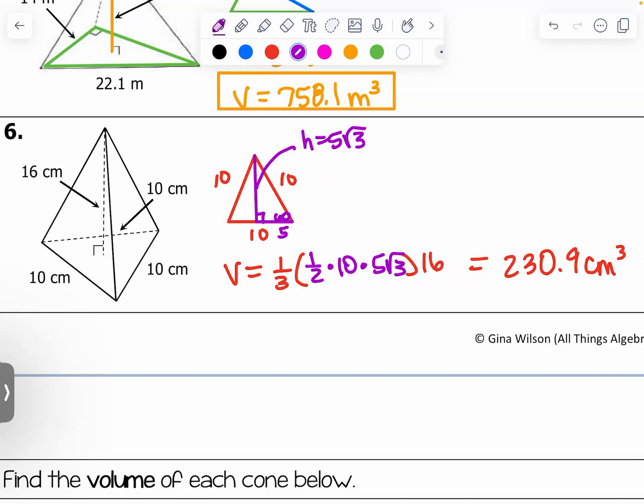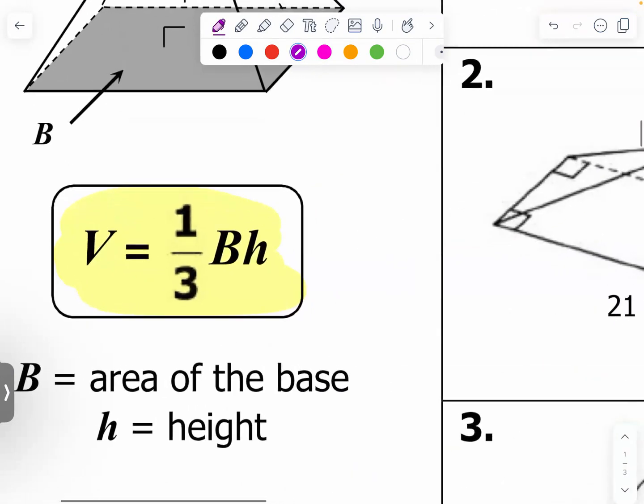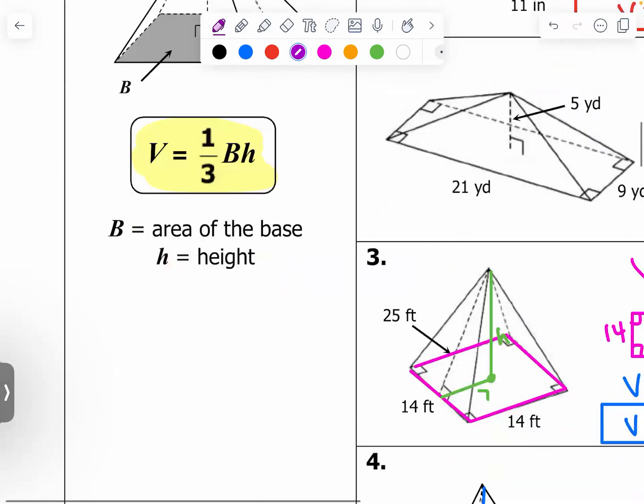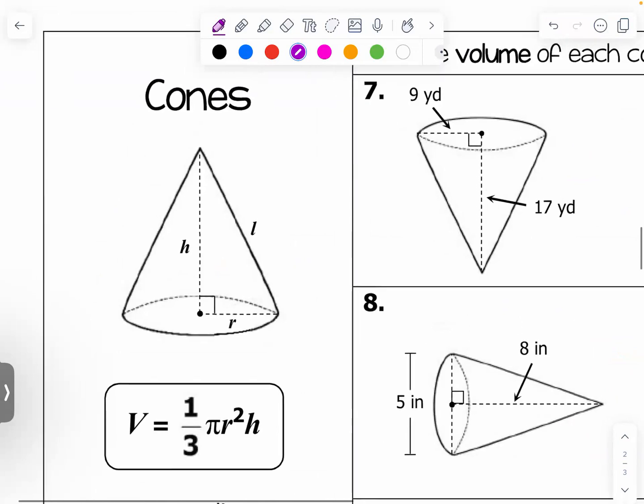All right, now, just like our pyramid was a third of the prism volume, guess what? Our cone is the same volume as our cylinder times 1/3, right?